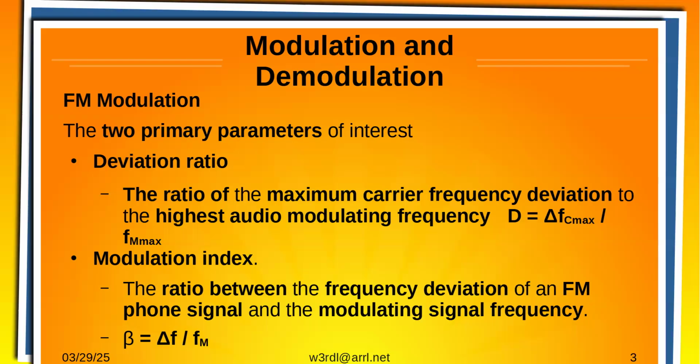So that would give you the deviation ratio. In other words, how much the frequency deviates per modulating frequency in hertz. Because it doesn't have any units because they're both hertz.